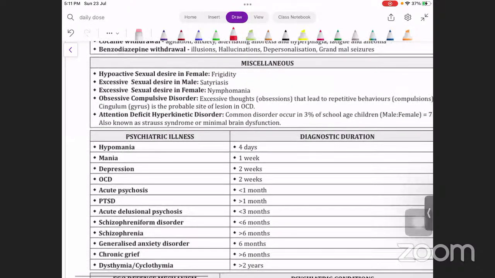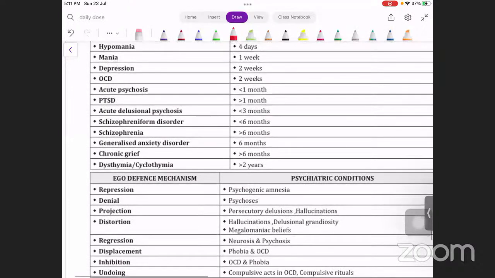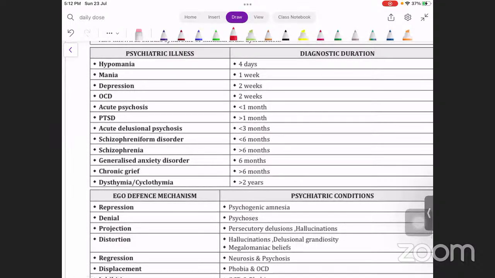Then you have the diagnostic duration of psychiatric illness: hypomania 4 days, mania 1 week, depression 2 weeks, OCD 2 weeks, acute psychosis less than 1 month, PTSD more than 1 month, delusional psychosis less than 3 months, schizophreniform disorder less than 6 months, schizophrenia more than 6 months, generalized anxiety 6 months, chronic grief more than 6 months, dysthymia or cyclothymia more than 2 years.